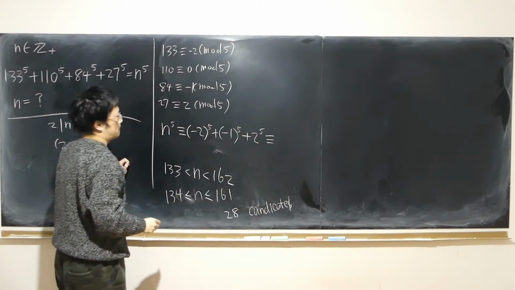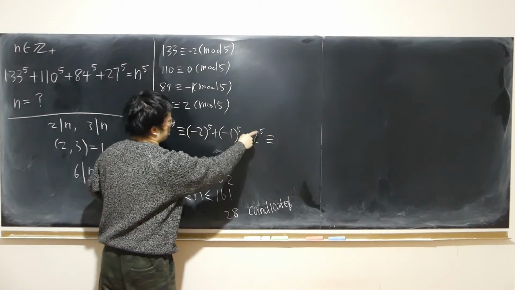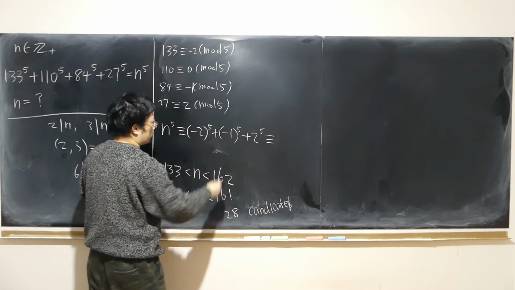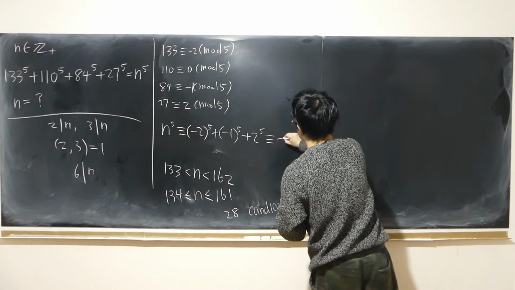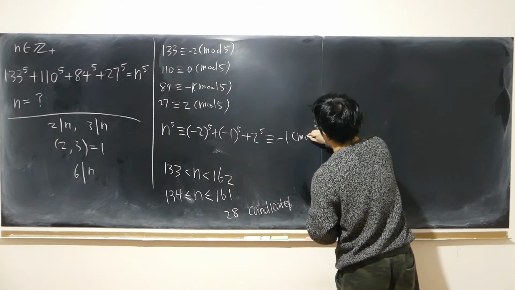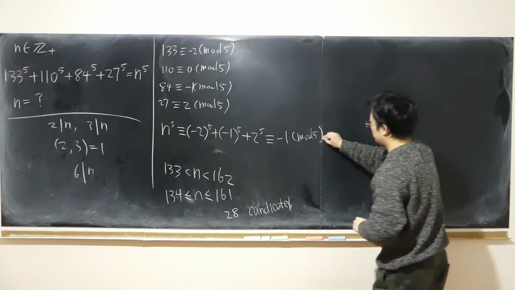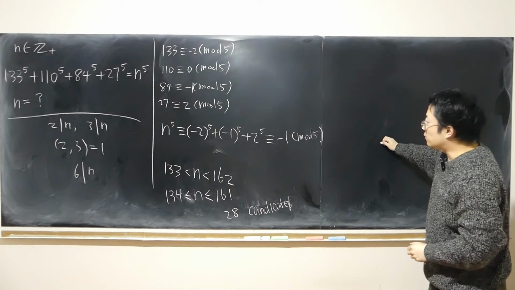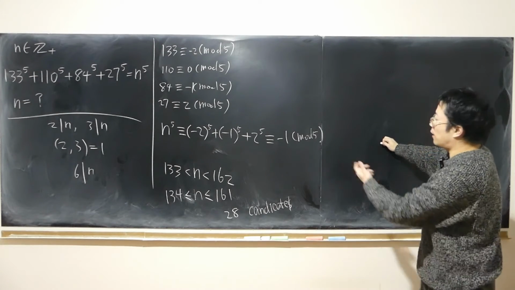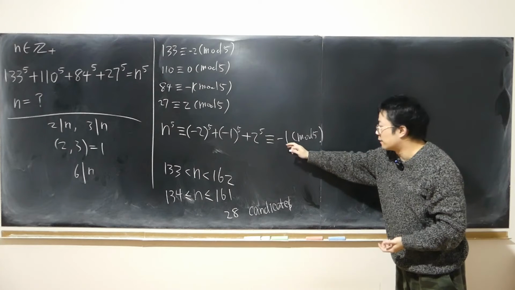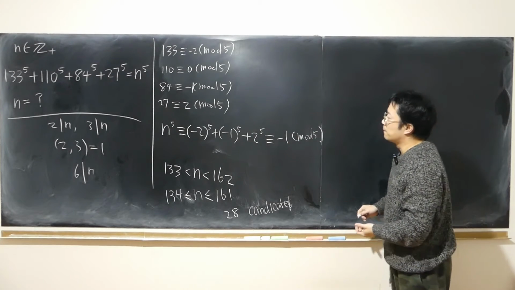And what is that? This and that can just cancel out. -1, right? Mod 5. So it turns out that n to the power of 5, if divided by 5, has a remainder of -1. In other words, 4.